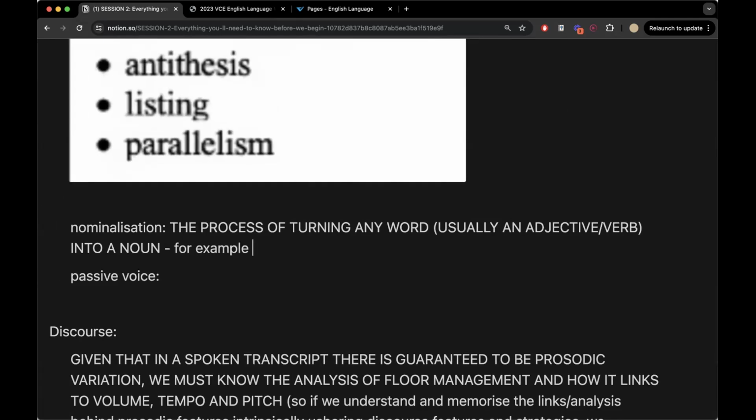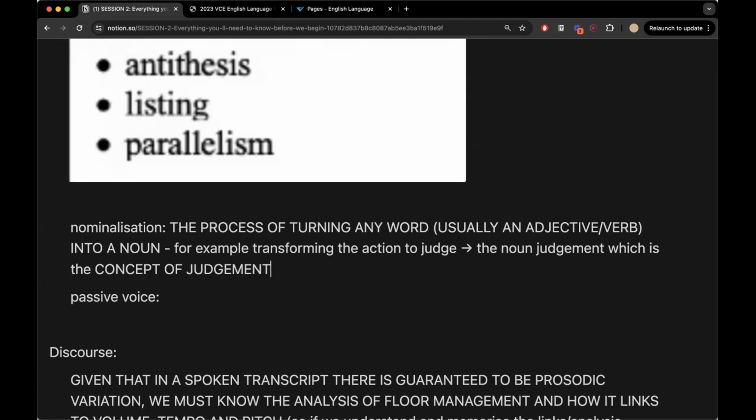For example, transforming the action to judge becomes the noun judgment, which is the concept of judgment, as opposed to the individual action of judging, right?